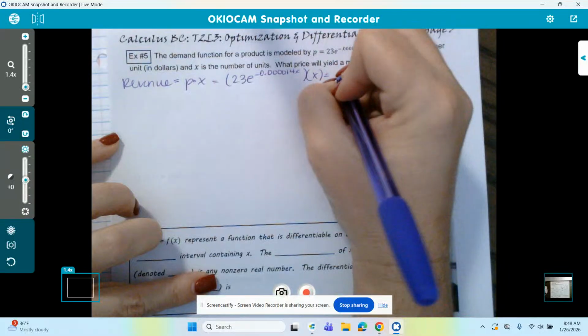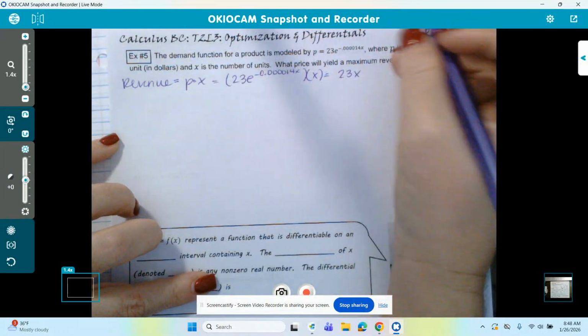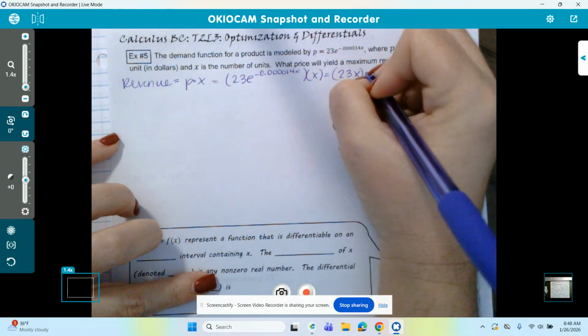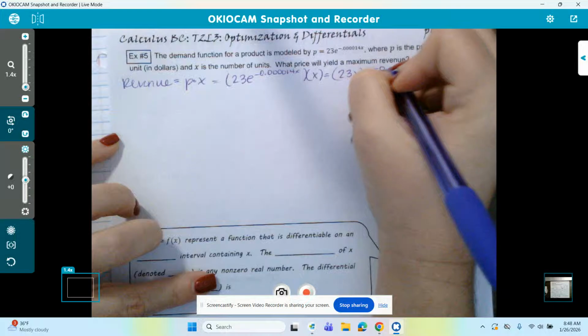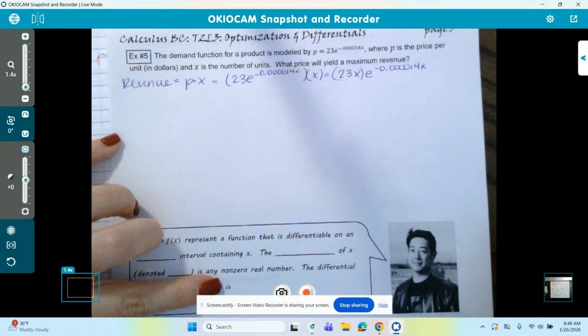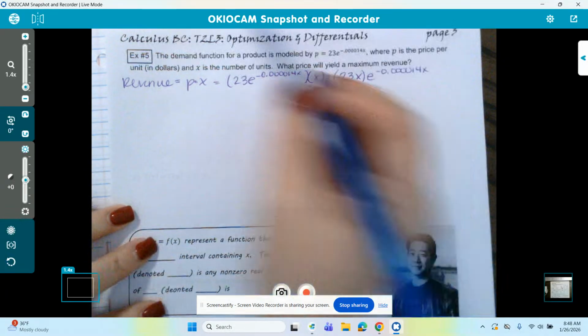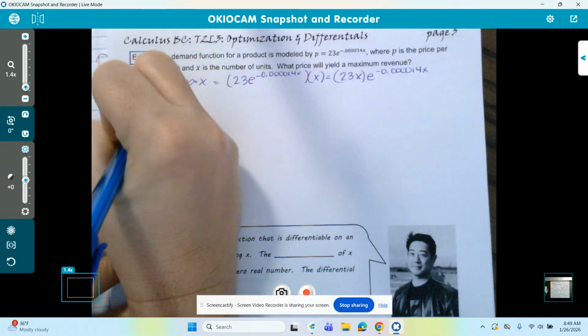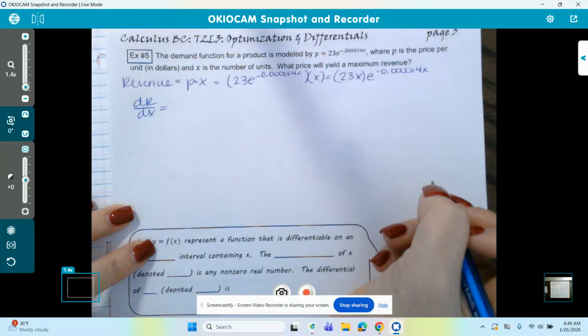Okay, and I just wrote that as 23x times e to the negative 0.0001234014x. All right, let's go ahead and take the derivative of this with respect to x.